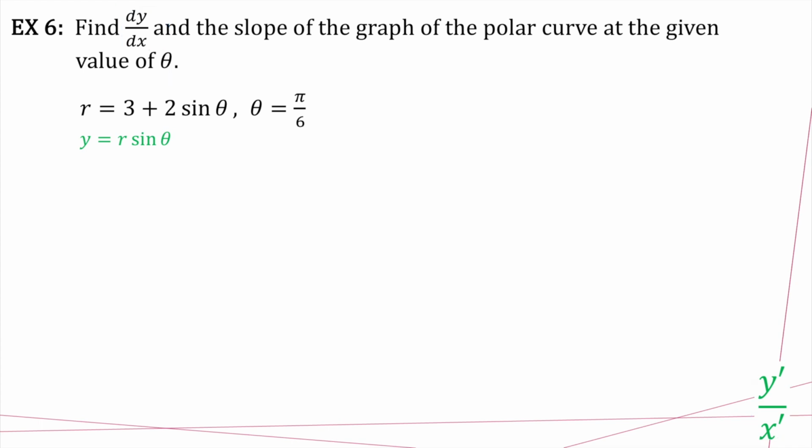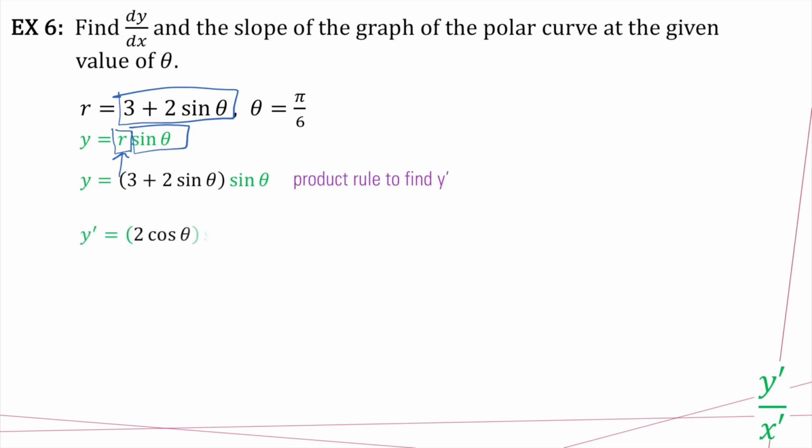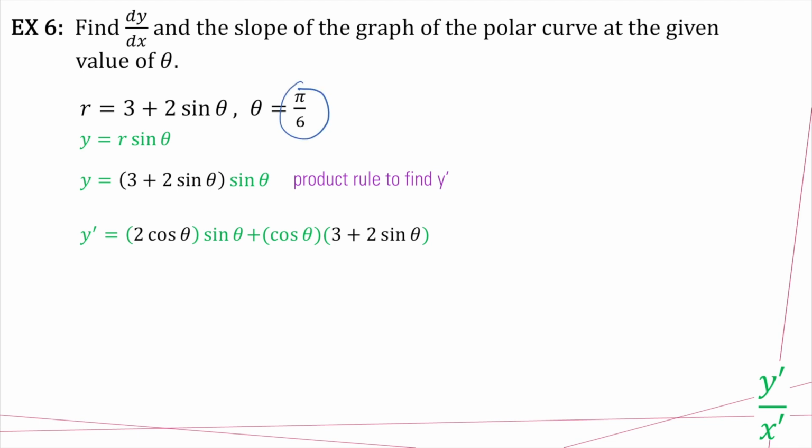So to find the derivative of that, look, we've got two functions being multiplied together. Well, what is r? R is 3 plus 2 sine theta. So I'm going to rewrite this as 3 plus 2 sine theta times sine theta. Then to find the derivative, I need the product rule. Okay, so derivative of the first times the second plus derivative of the second times the first. And I'm going to evaluate that at pi over 6.